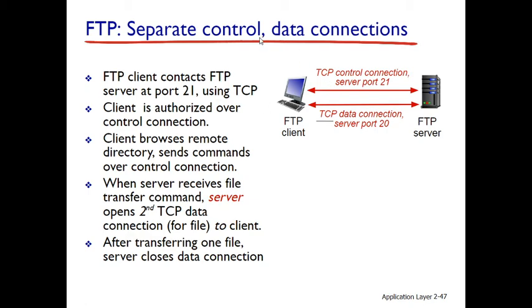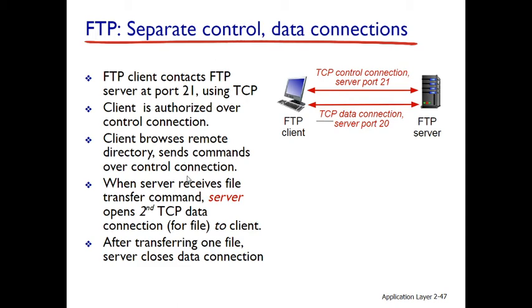You will have separate control and data connections. The user ID and password are sent through the control connection. The client browses the remote directory of the remote host and sends the commands over the control connection.